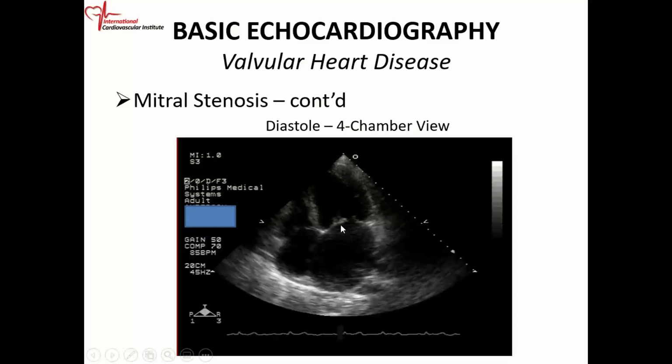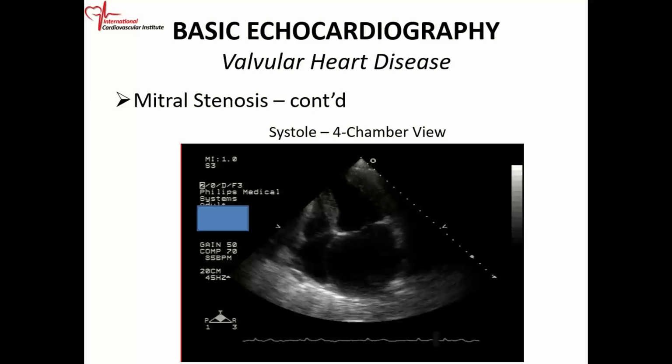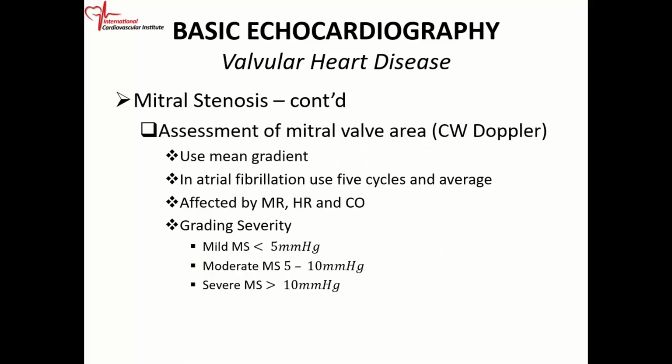So you have to talk about what's happening to the subvalvular apparatus, and then you also talk about what's happening to the valve. Is the valve thickened? Is the valve calcified? Is the valve mobile? Yes or no? So you have to describe all those features. Okay, so you're looking at diastole, systole.